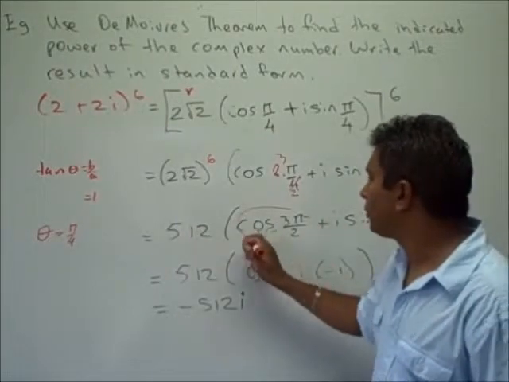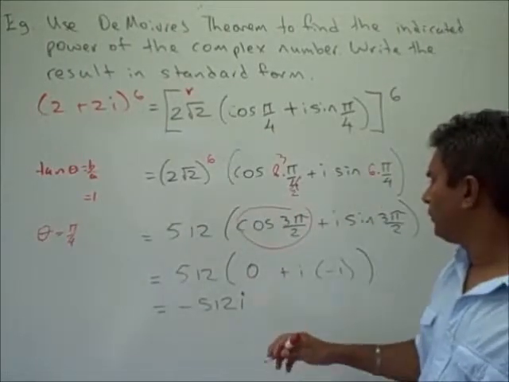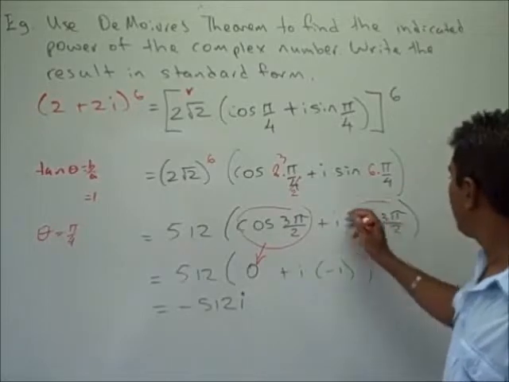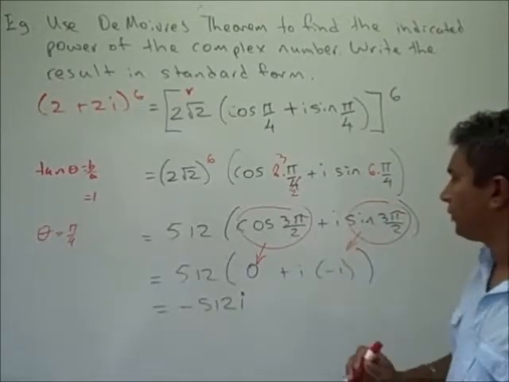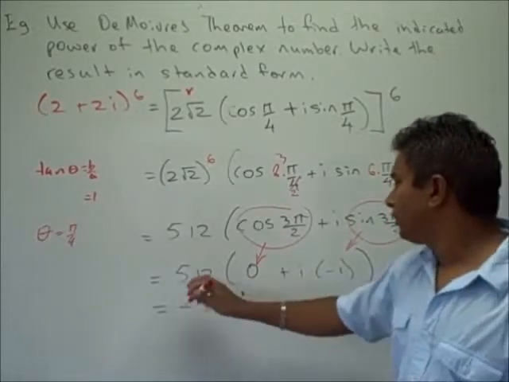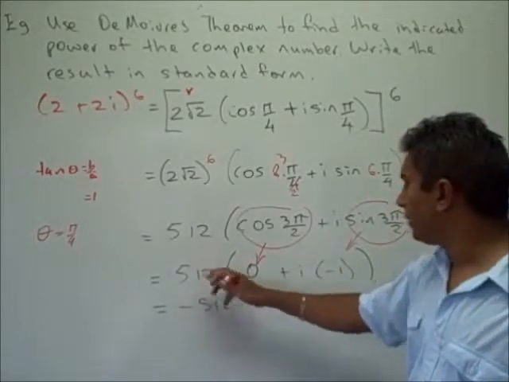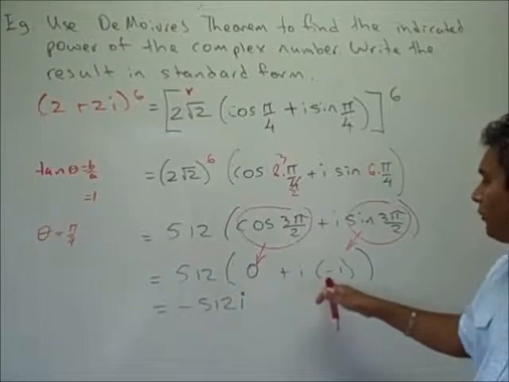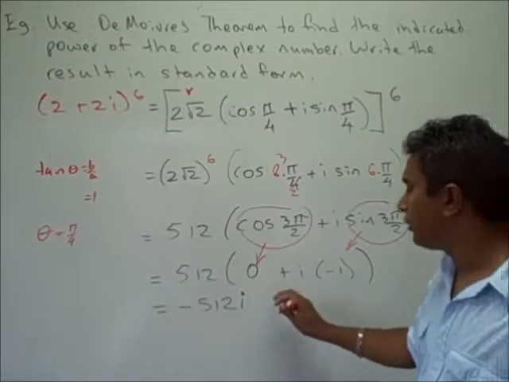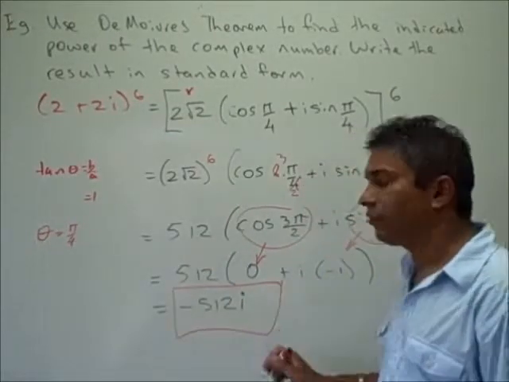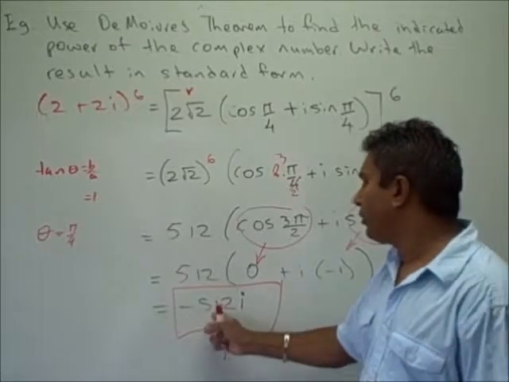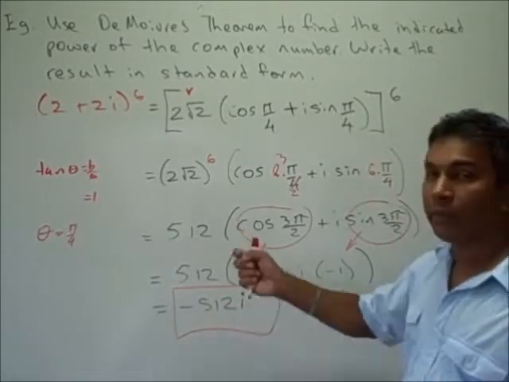We know from our unit circle that the cosine of 3 pi over 2 is 0, and that the sine of 3 pi over 2 is negative 1. So if we distribute this, we get 512 times 0, so that goes away, plus 512 times negative 1 times i.